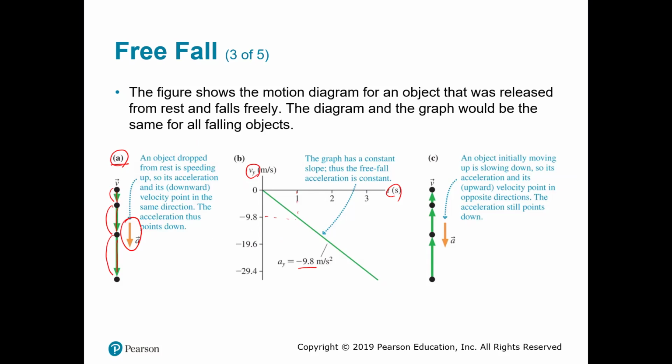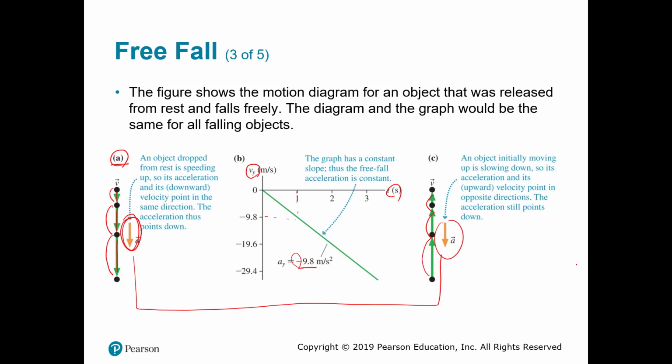You have to press it down. So the direction of the acceleration is down. Even when the object is moving upward but slowing down, which direction of force do you need in order to slow down an object moving upward? You need a force downward as well. So in both cases, you have acceleration of negative 9.8 meters per second squared.